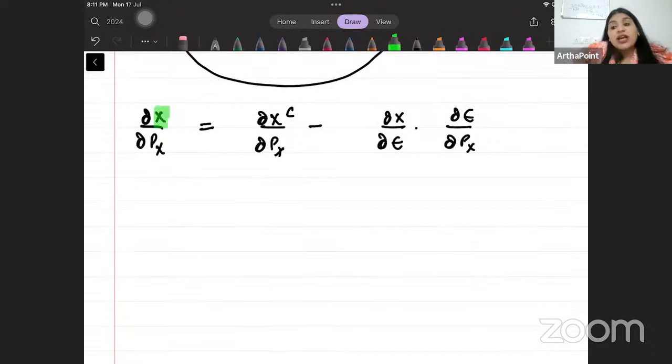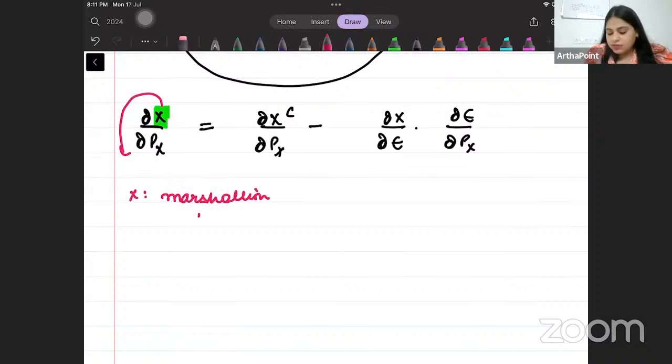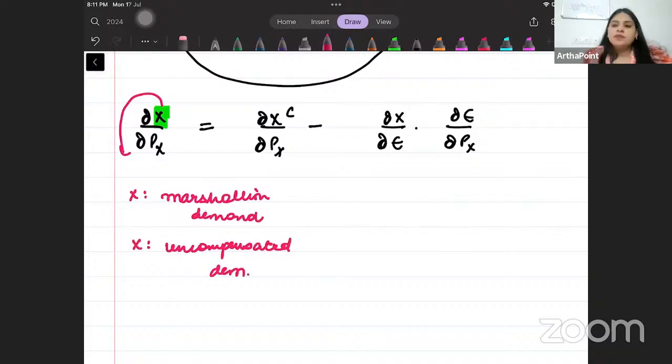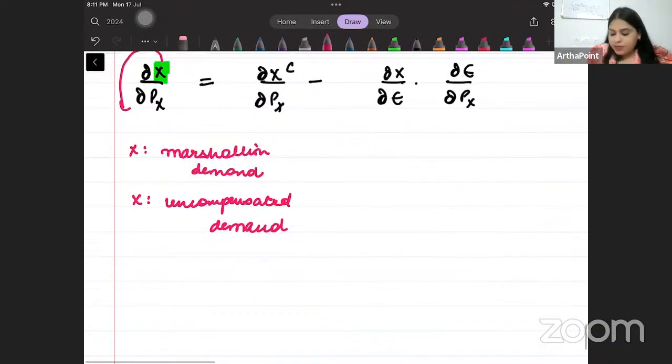This was the Marshallian demand. So X is the Marshallian demand. X is also called the uncompensated demand. X also represents the ordinary demand curve.